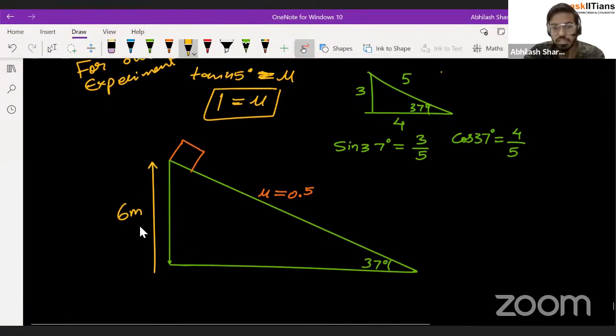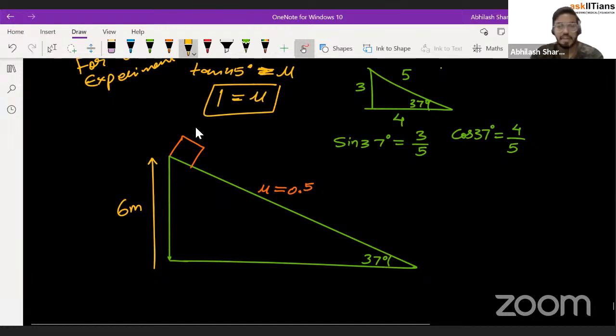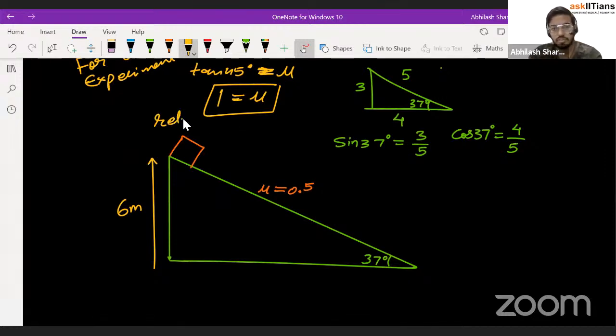This inclined plane is 6 meters high. If we release it from the top position, release meaning initial velocity 0, then after how much time will it reach the bottom of the incline? How much time would it take to reach the bottom of the incline?